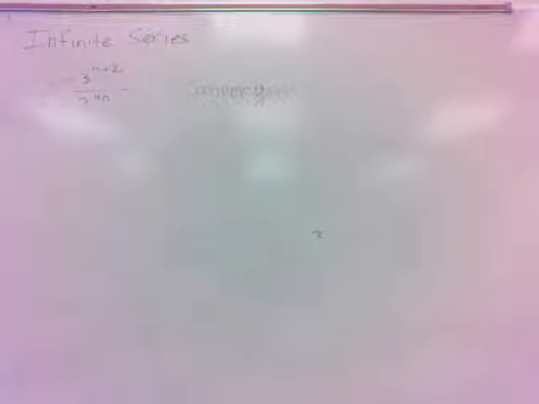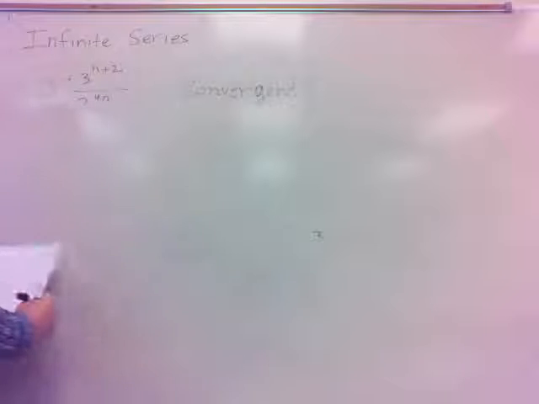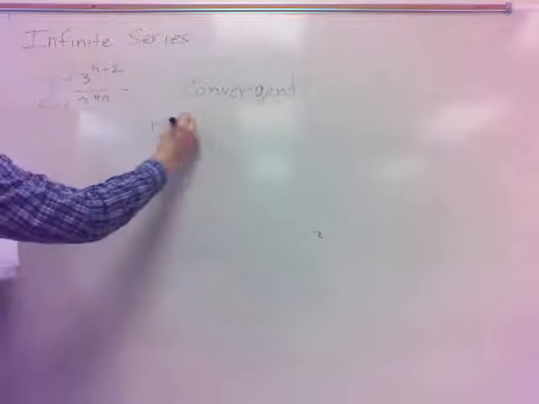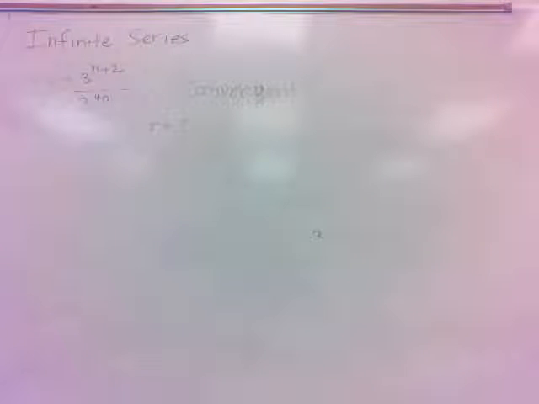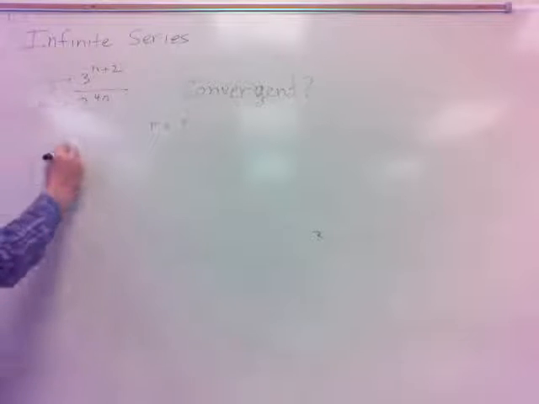Three to the n plus 2 to the 4n. Convergent? Not convergent? Divergent? What's the ratio here? It's all hinging on that, isn't it? It's geometric, that's for sure. 3 over something.